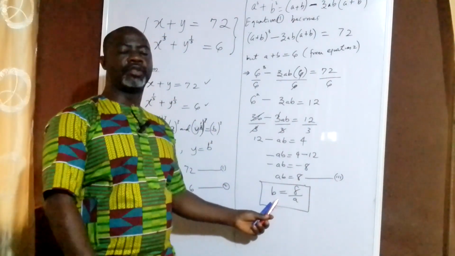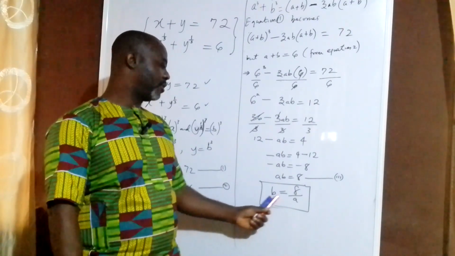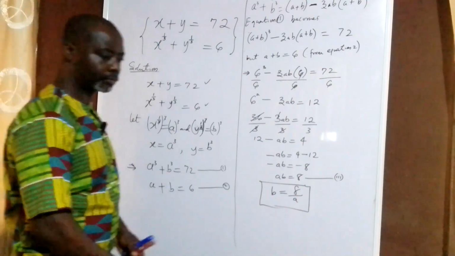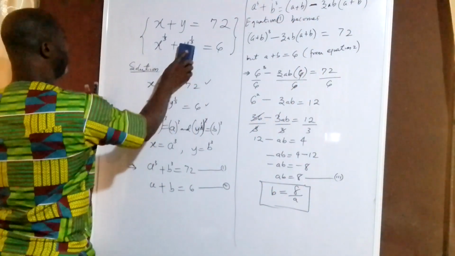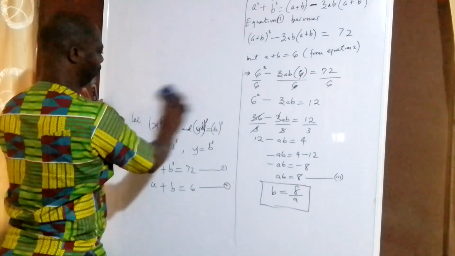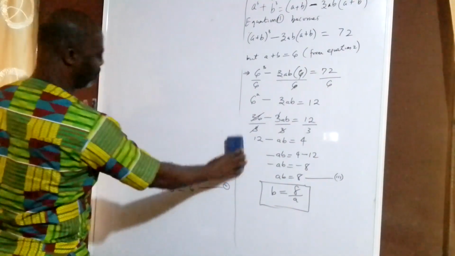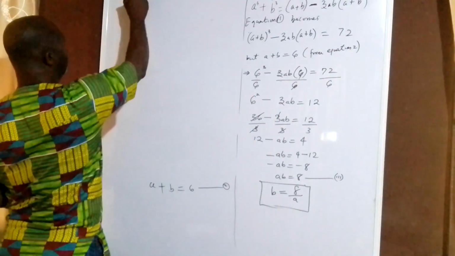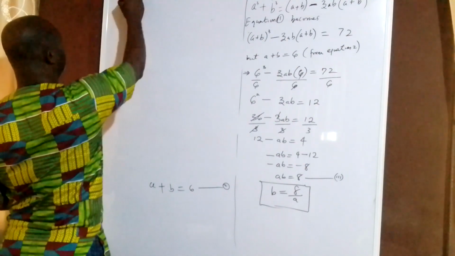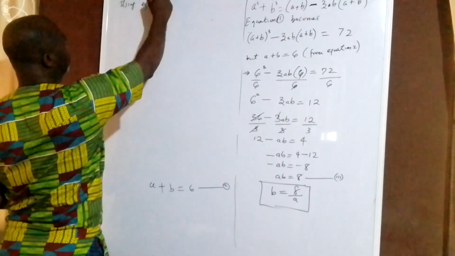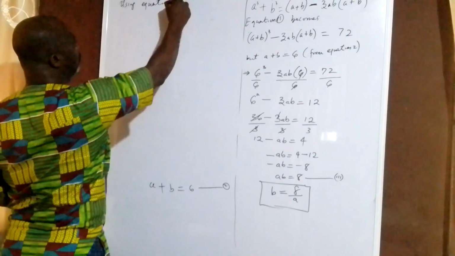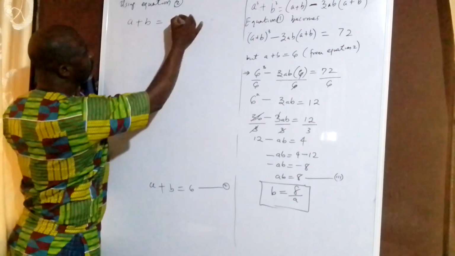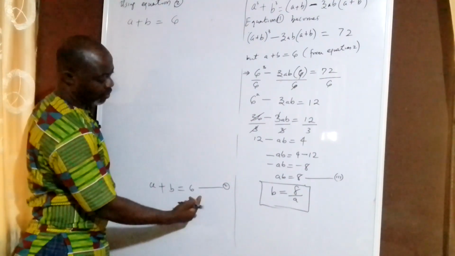Now, let's substitute the value of b into equation 2, which is a plus b equal to 6.